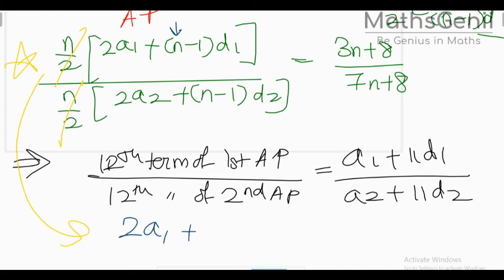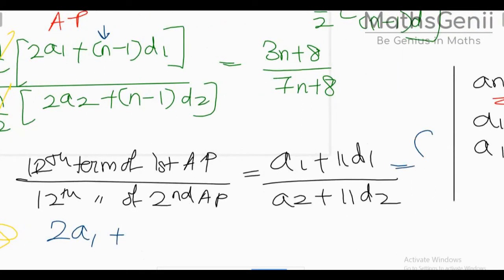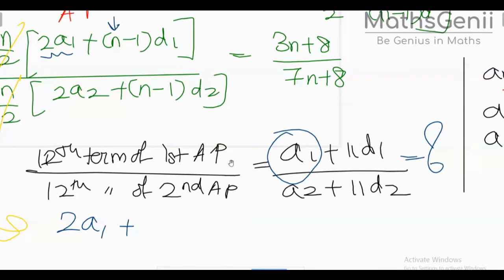What I want to eventually find out is, I have to convert this equation into this, because this is what is unknown to me. This is what I have to find. So here you have 2a1, but here you have only a1 alone, correct? And here I want 11d. To balance this, you will tell me, let's put 12 here in place of n.